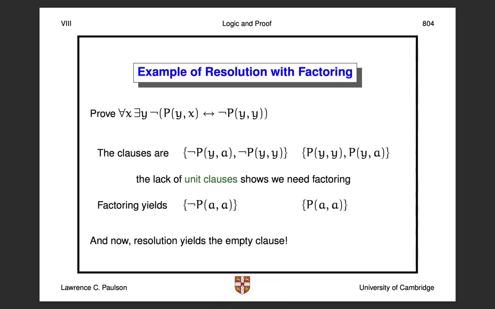In general, I should mention that you should keep the original clause as well as the factored version. The factored version, although shorter, is less general, and it's just possible that you might, in fact, need the general version. Not for this problem, however. We immediately see that there's a contradiction, so a single resolution step gives us the empty clause here.